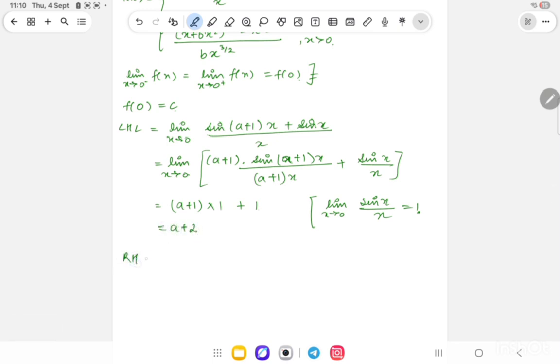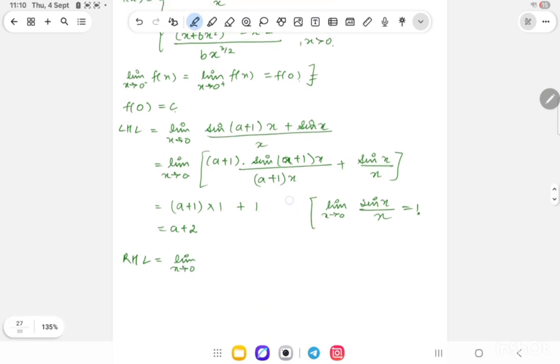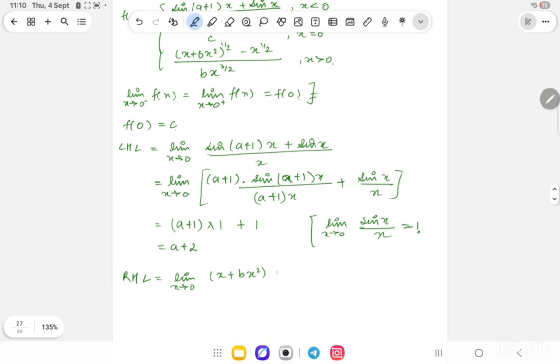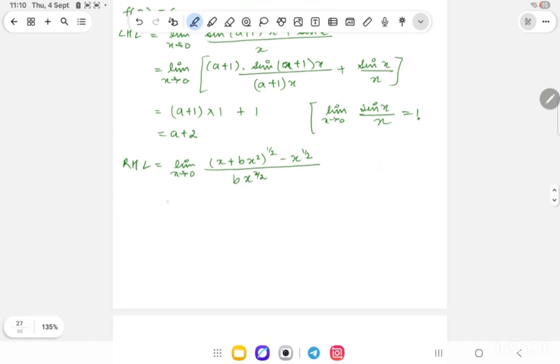Likewise, my right hand limit will be the limit as x approaches 0 of (x plus b x square) raised to 1 by 2 minus x raised to 1 by 2, divided by b x raised to 3 by 2. This is equal to the limit as x approaches 0 of x raised to 1 by 2 times ((1 plus b x) raised to 1 by 2 minus 1).